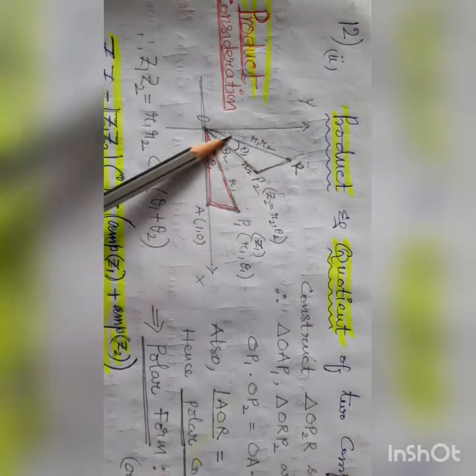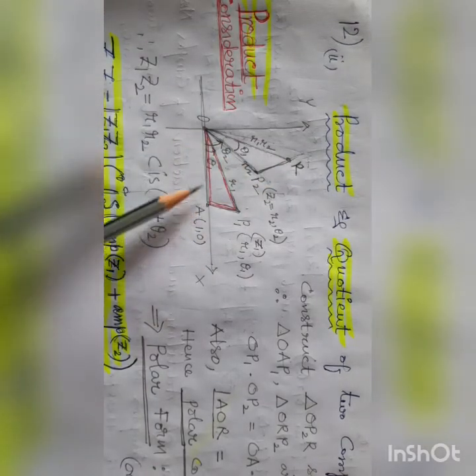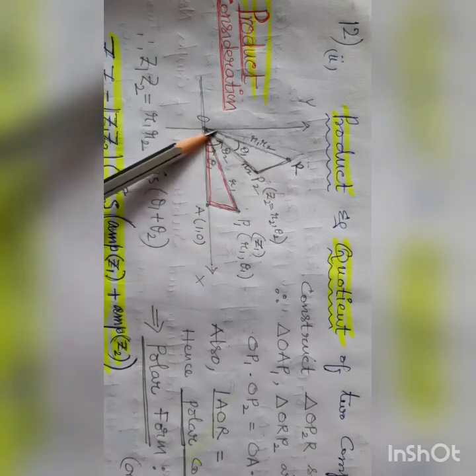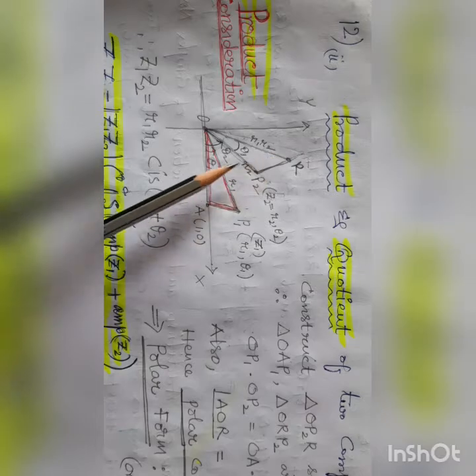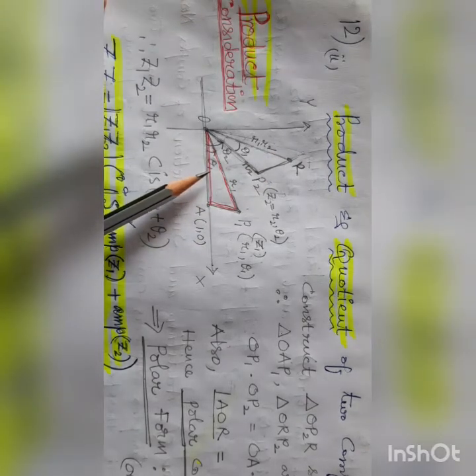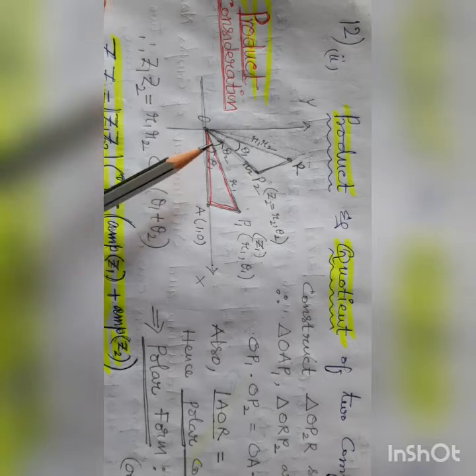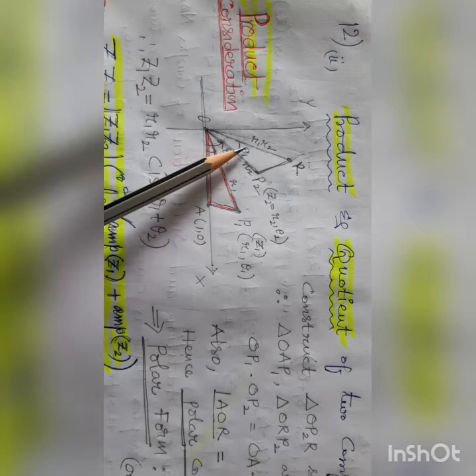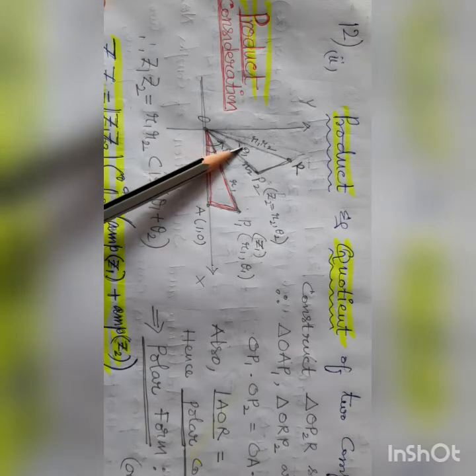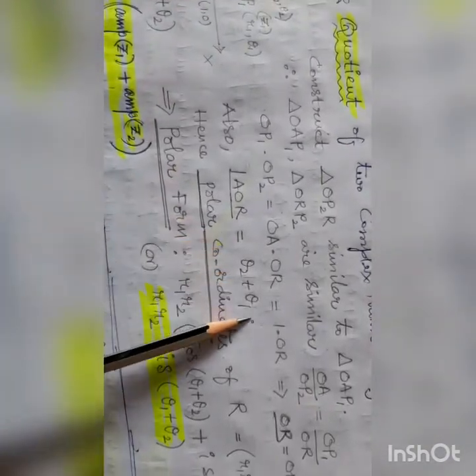Angle AOR, what is that? Theta 1 plus theta 2. This is theta 2, this is theta 1. Theta 2 plus theta 1 is angle AOR.